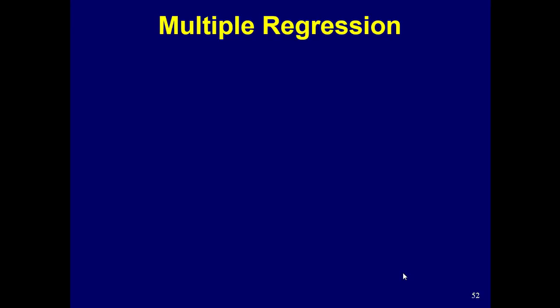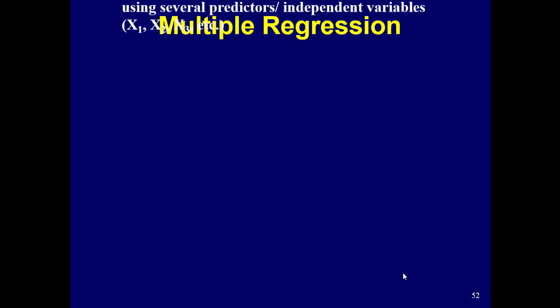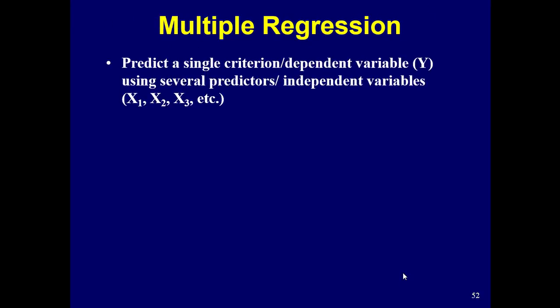Okay, the last topic in the packet that we'll want to discuss is multiple regression, and this is not very complicated. Instead of having a single predictor, instead of having a single x variable, we have multiple predictors. And the great example of this that we talked about in class was certainly we can predict your likelihood of succeeding in college if we have more than just your high school GPA.